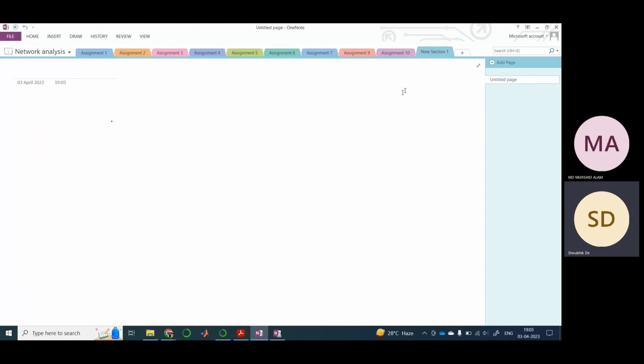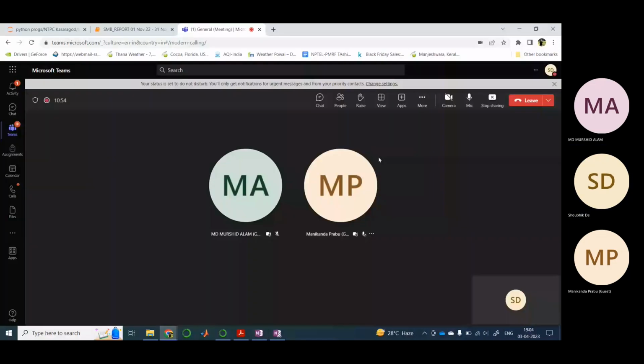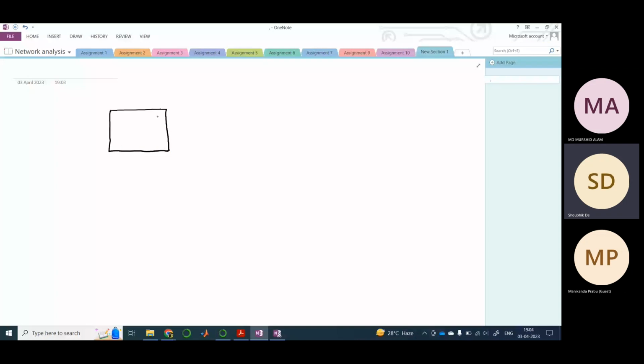So basically here you have a network. This network is put into what we call a black box.